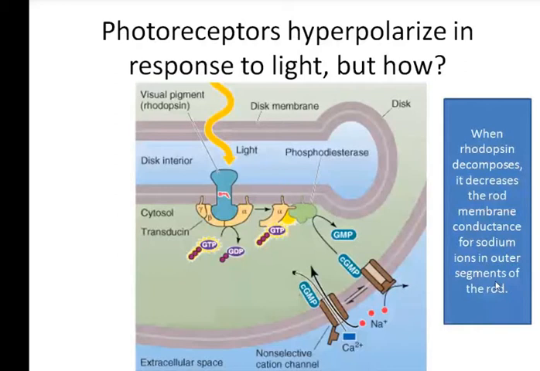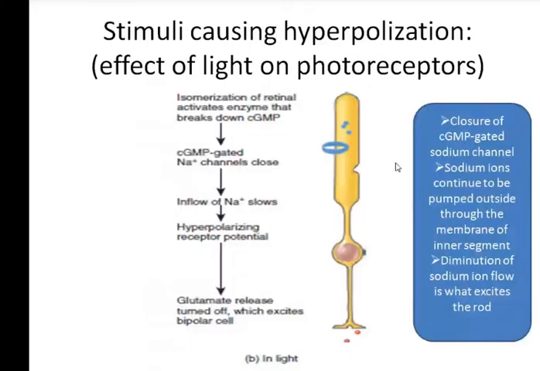Yes, sir. Now, the membrane goes into hyperpolarization. How is it going into hyperpolarization? So, the effect of light on photoreceptors: stimuli causing hyperpolarization. We have read that in most cases the stimulus causes depolarization.